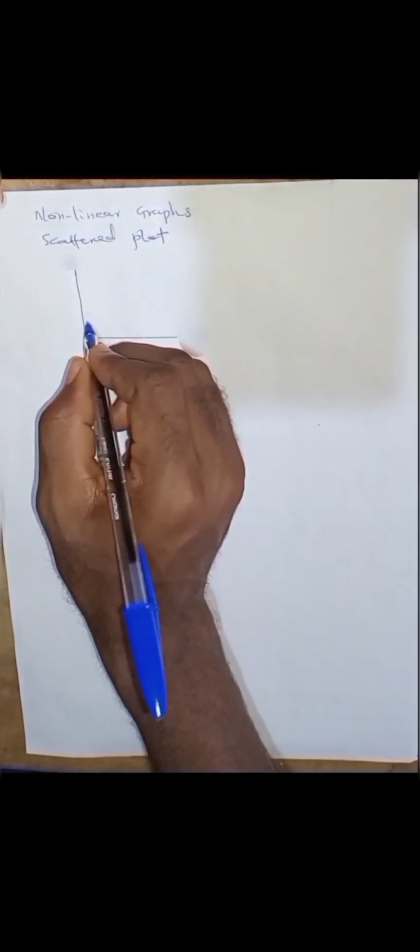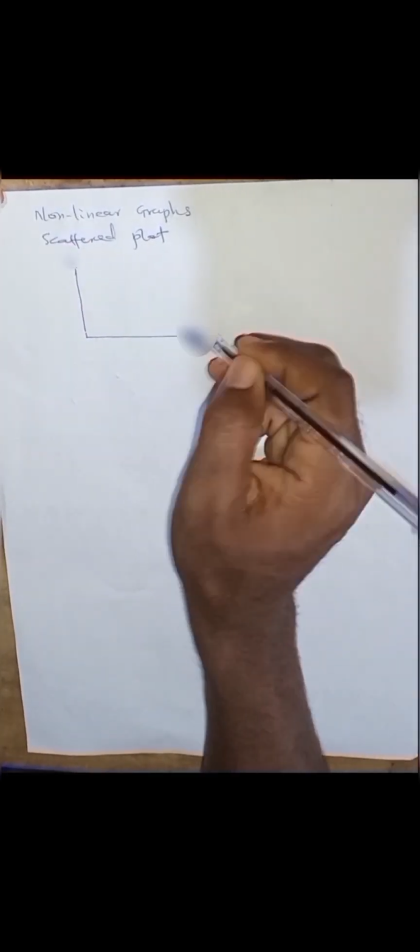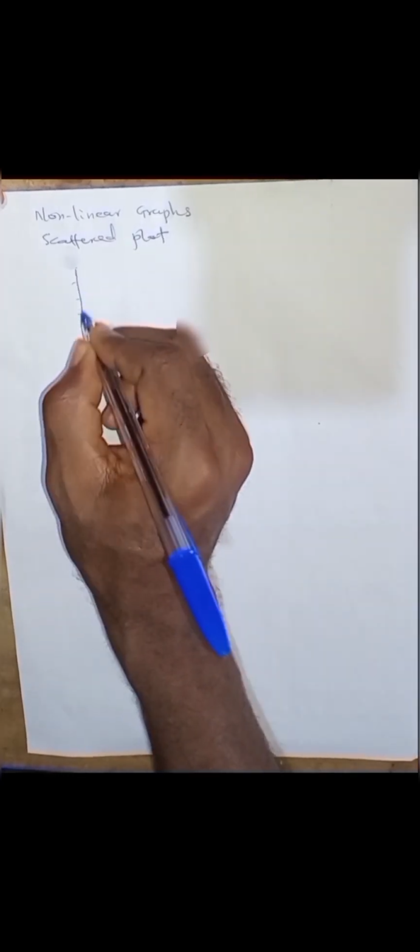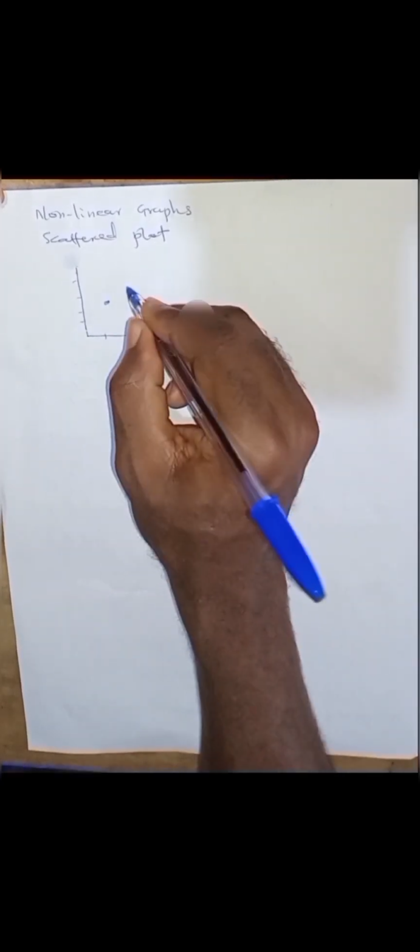So scattered plots where you have a coordinate plane like this, and then you have your scale, your calibrations here, and after you plot the points, you are getting what? Scattered points. They don't follow a linear path.